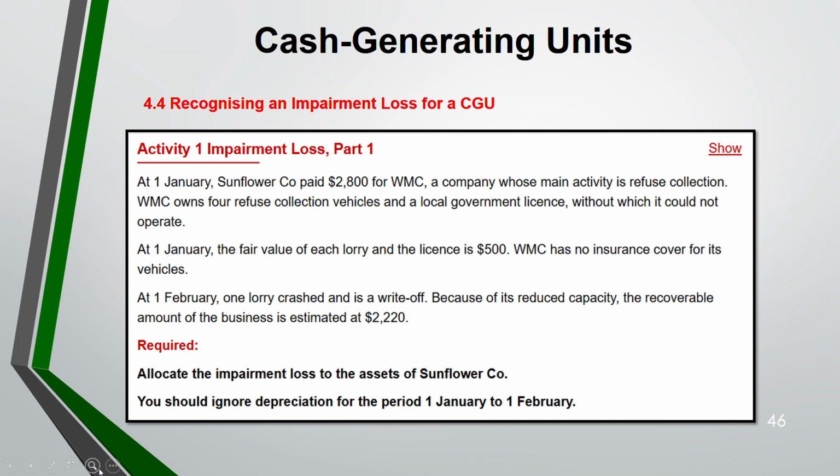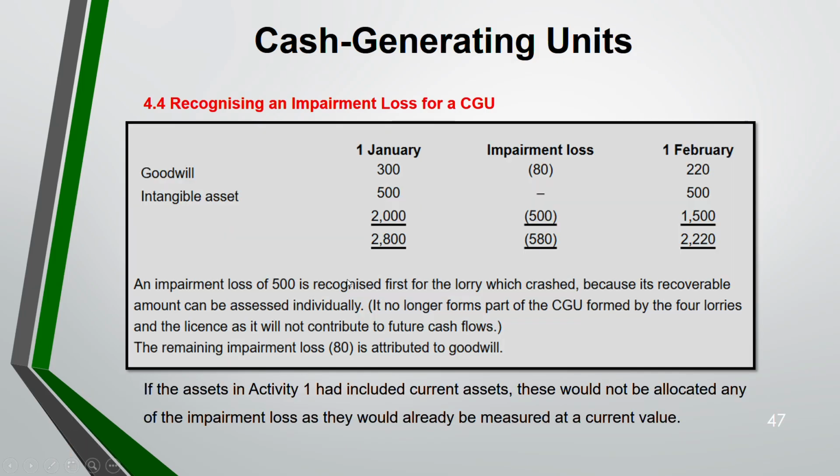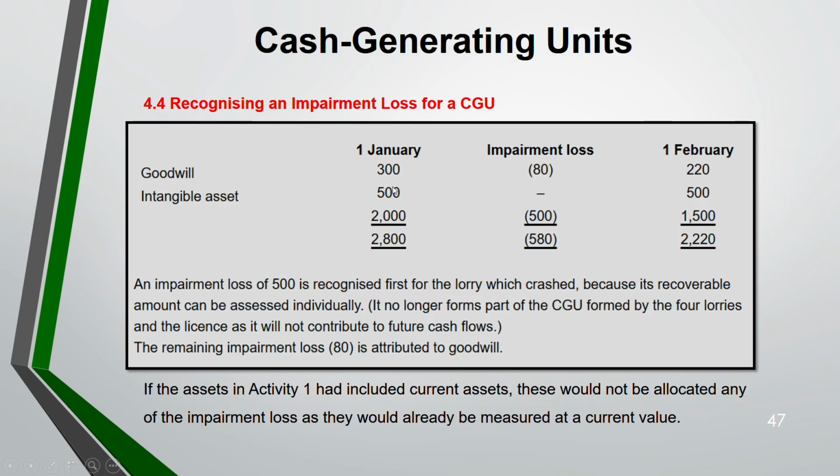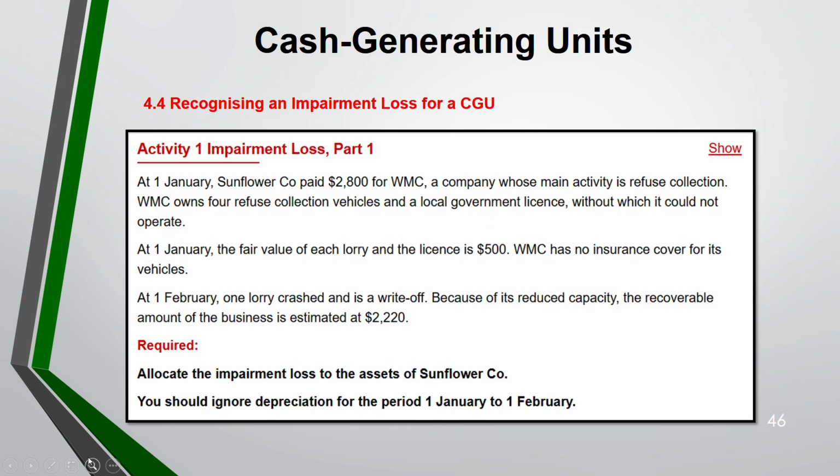They told us that on 1st Jan the fair value of each lorry is 500. How many lorries are there? There are 4. So 500 into 4, total is 2,000. And the total is 2,800. Out of that, the intangible asset, the license, is 500. This license is your intangible asset.